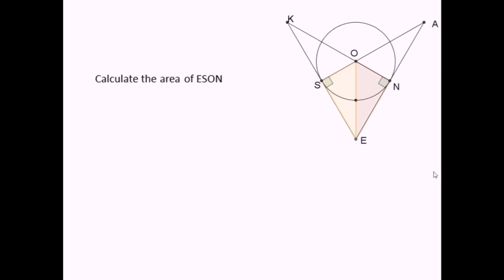Getting the area of triangle OSE, adding it with the area of ONE, we can cover all the area of the quadrilateral OSNE. So simply we can say the area of ESON is equal to the area of OEN plus the area of triangle OSE.